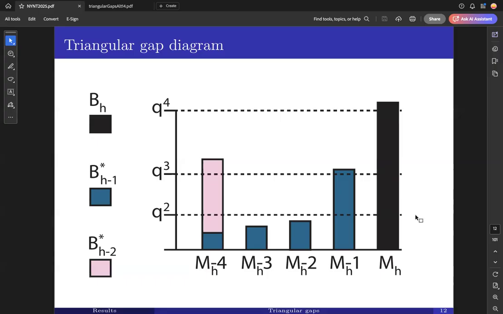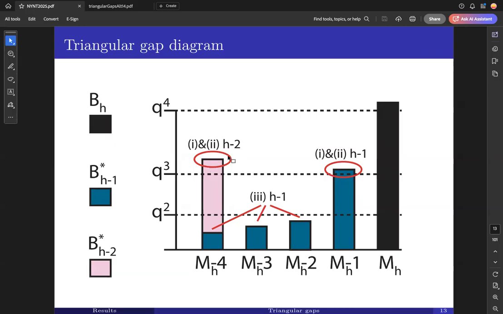But now I want to tell you where each piece comes from. So this next diagram will get messy. This is going to be from lemmas 1 and 2 when I'm looking at the h minus 1 fold sumsets. That is, I'm going to say it's at least a constant times q cubed, and at most a constant times q cubed. The height of this bar is going to be from, again, lemma 1 parts 1 and 2, but applied to the h minus 2 fold sumsets.